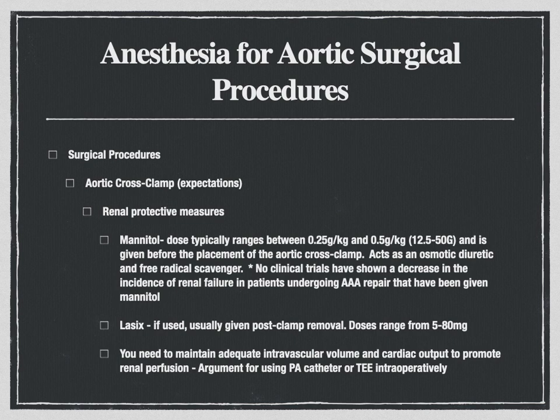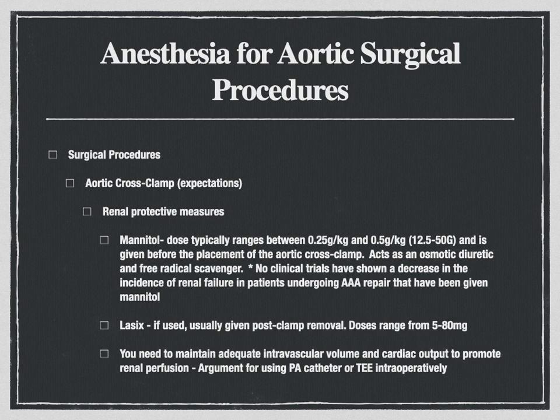There are no clinical trials that have shown a decrease in the incidence of renal failure in patients undergoing AAA repair who have been given mannitol, but again, it is used very frequently due to its theoretical benefits.